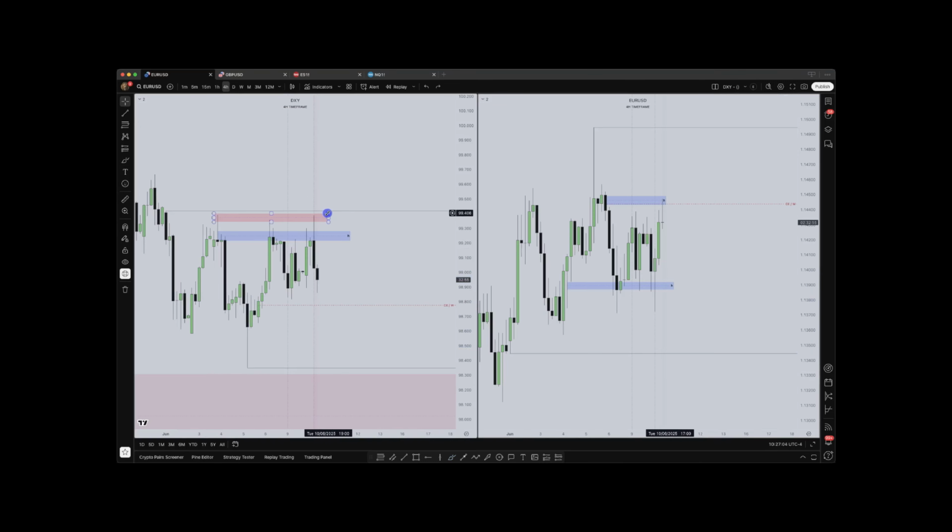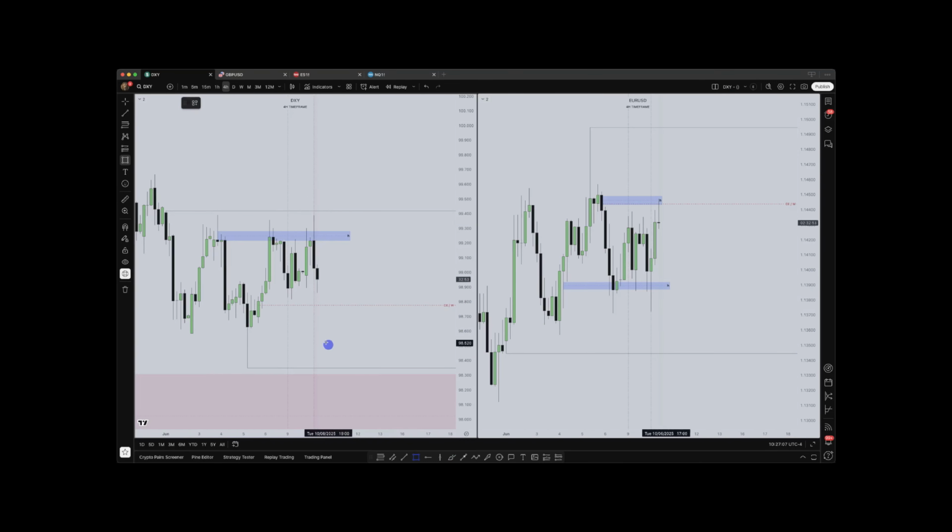So let's see what happened now. For the moment, this is kind of like an accumulation in the biggest screen. So I have the 4-hour time frame now. Okay, so keep this in mind. This movement, accumulation, manipulation, distribution, is very important.